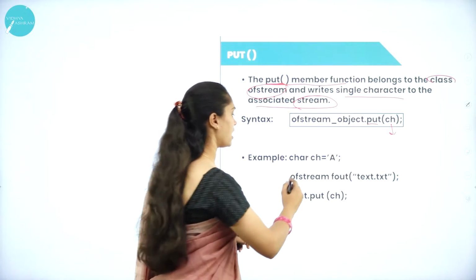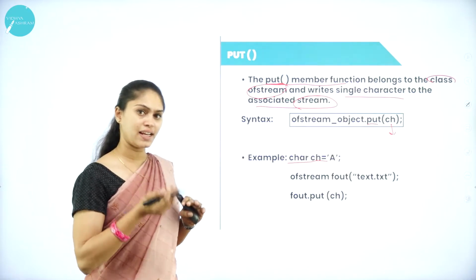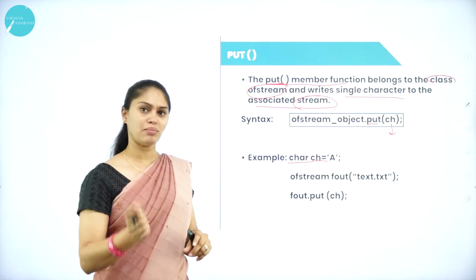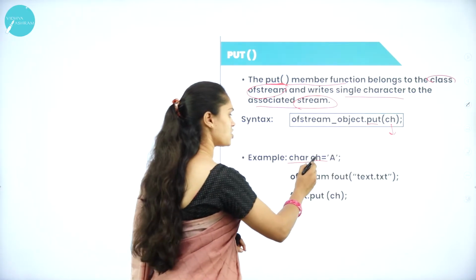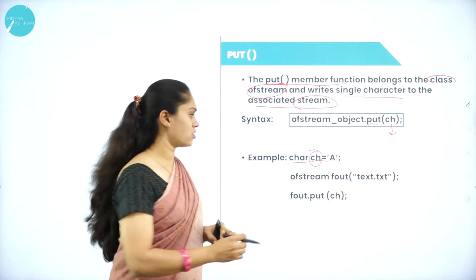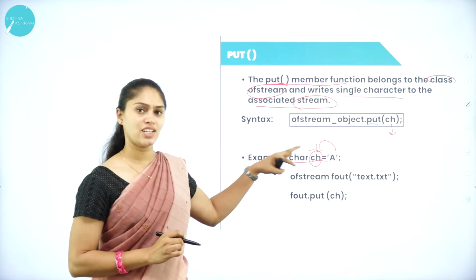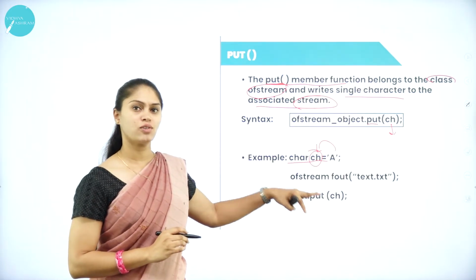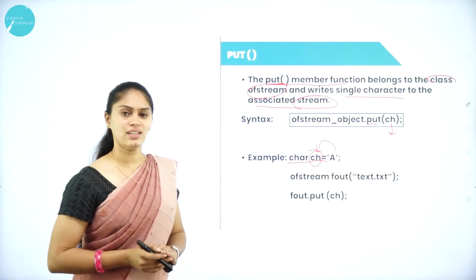Consider the example: char ch = 'a'. I am declaring one variable and assigning a value to it. ch is the variable name and the value is a, so a is assigned to ch. When I use ch in the put member function, whatever content is in ch, that is a, will be displayed.